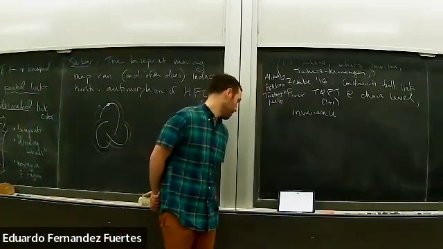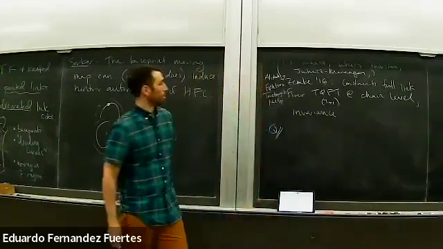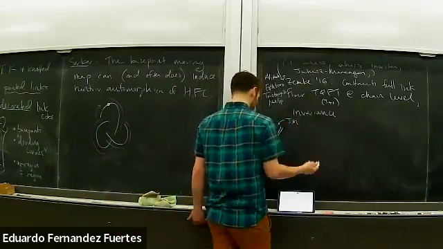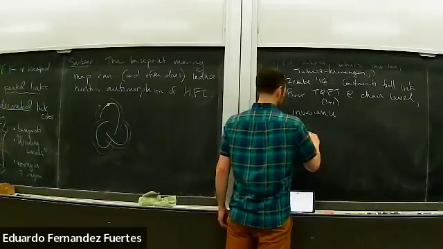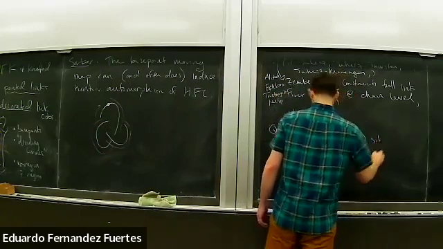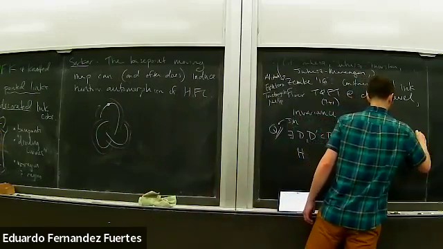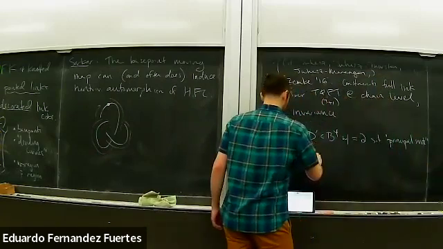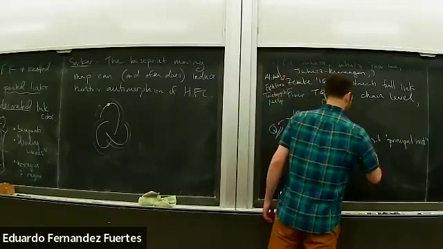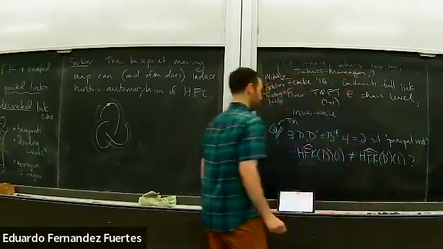Okay, so great. Before proceeding, what had been the question posed by Juhász and Marengon in this paper, which was basically, are there disks D and D prime in the 4-ball with the same boundary, such that their principal invariants, HF hat K of D of 1 and HF hat K of D prime of 1, are not equal.